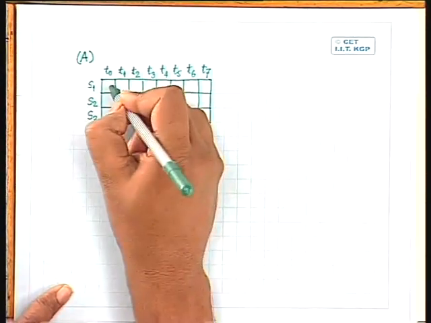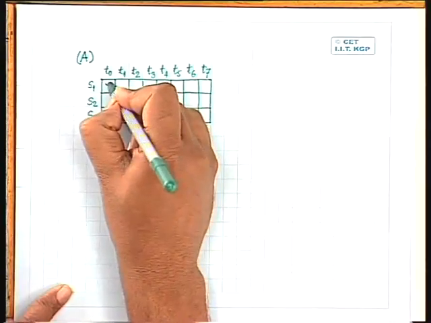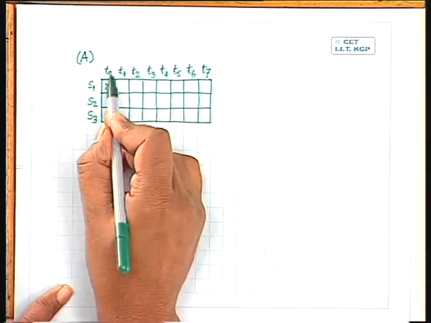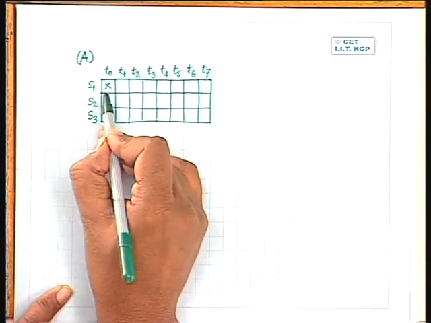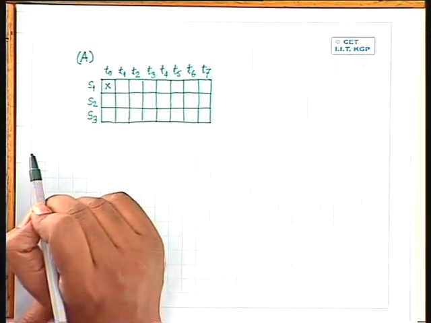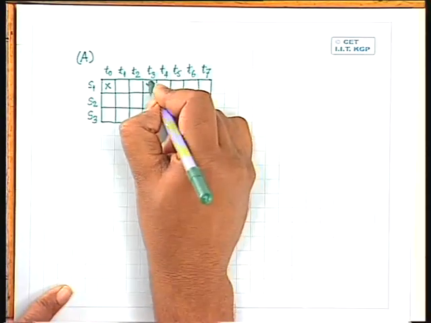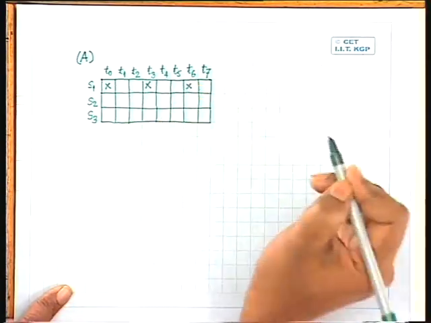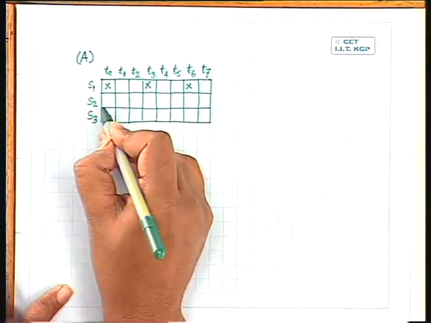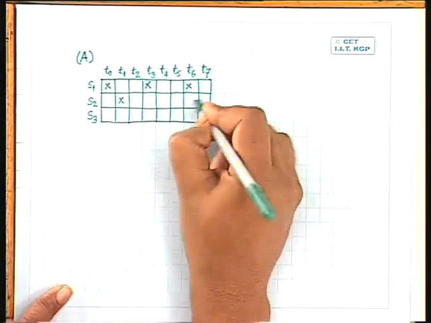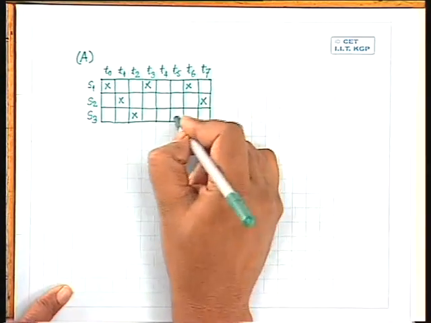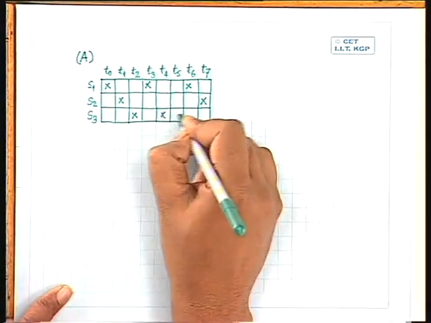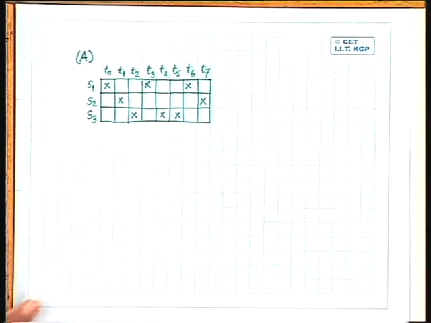So, I can have a reservation table something like this. I can put a cross here indicating that during time interval T0, it is the computation stage S1 that will be used by this function A. Okay. Similarly, I can put a cross here, I can put a cross here, right. For S2, it can be something like this. For S3, it can be something like this. Okay.